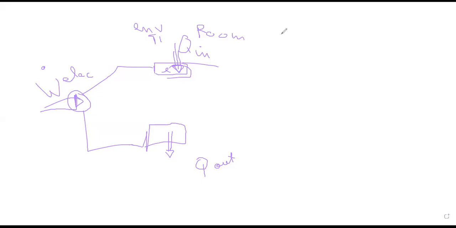This is why we say that for summer, COP refrigeration is the heat extracted from the room through the evaporator. So it's Q dot in over W dot electric.